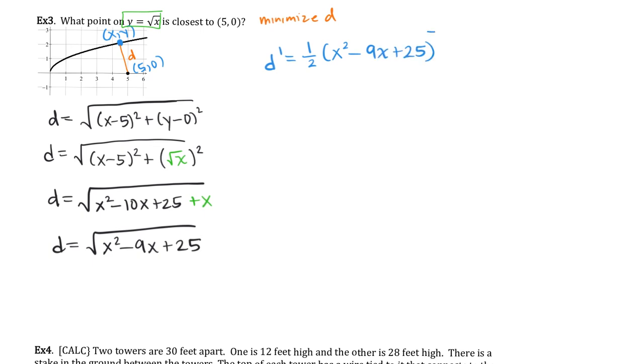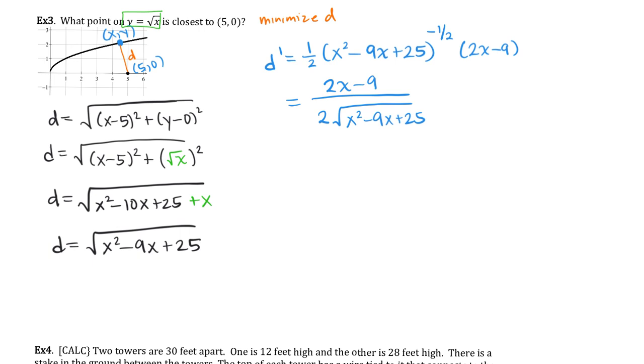And I'm going to lower it to the negative 1/2, and then because of the chain rule, I need to multiply by the derivative of the parentheses, which is going to be times 2x minus 9 equals, let's see if we can make this look any better. 2 is at the bottom. The square root of x squared minus 9x plus 25 is in the radical. And if you had not simplified this much, we should have an equivalent answer, and that's fine.